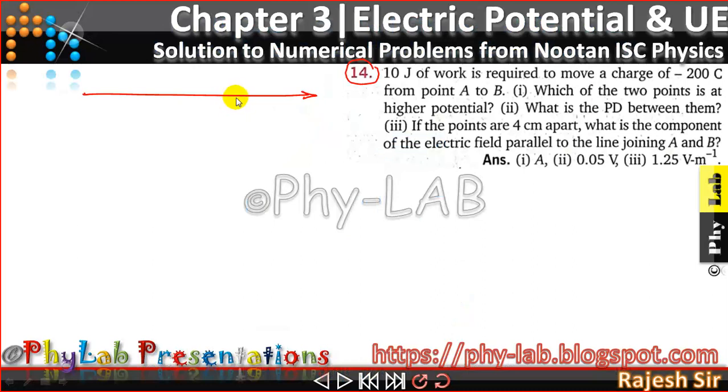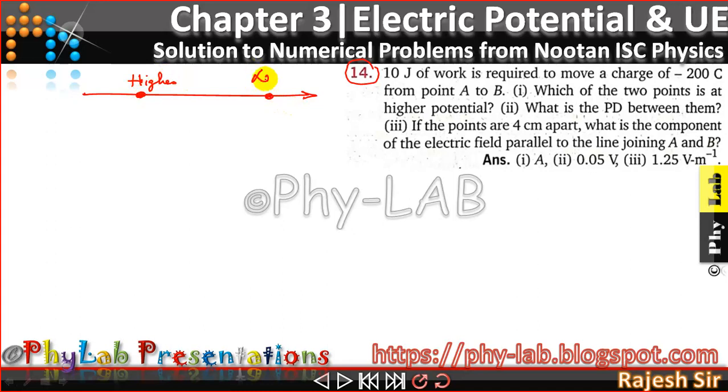From our discussion in the topic of properties of electric potential, I told you that a free positive charge always moves from a region of higher potential to a region of lower potential.